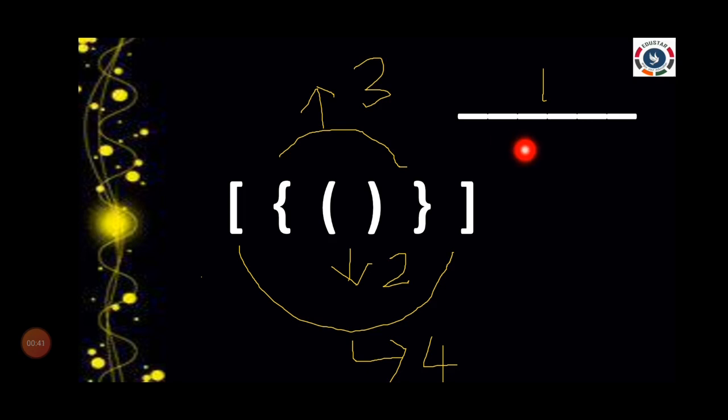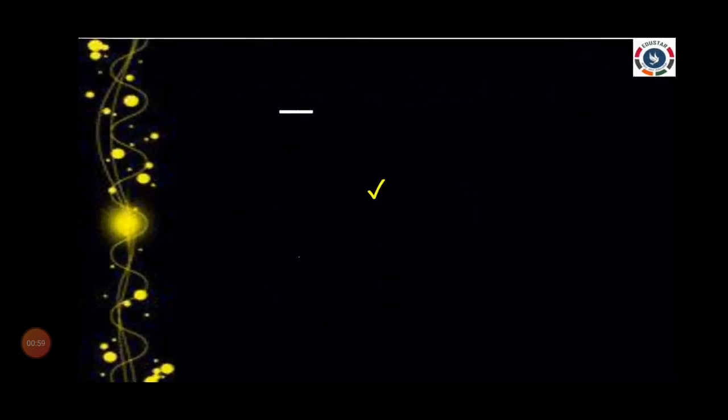So first, solve the sums in the vinculum, next solve the round bracket, next solve the curly bracket, and next solve the big or square bracket. So in this bracket order we want to solve the sums. An example is given for you.